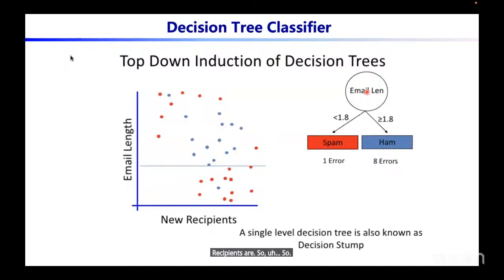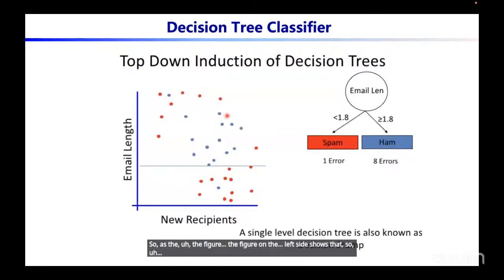So we want to figure out, as the figure on the left side shows, each dot represents a particular email. You can see some emails are quite long. They are on the top side.